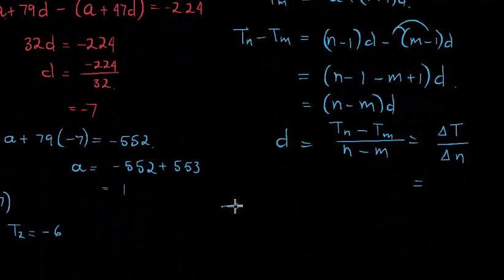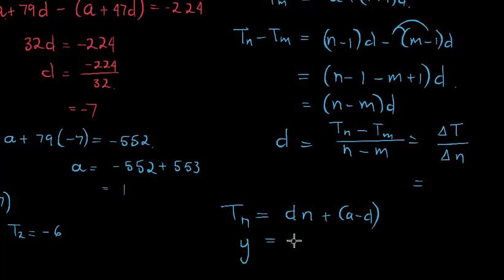If I take Tn, remember, I could rewrite it. I showed you earlier that it is linear in n: d times n plus a minus d. This had the form of a straight line, y is equal to mx plus c.